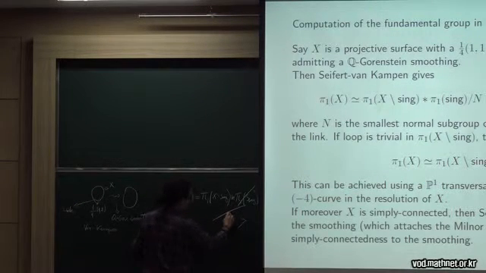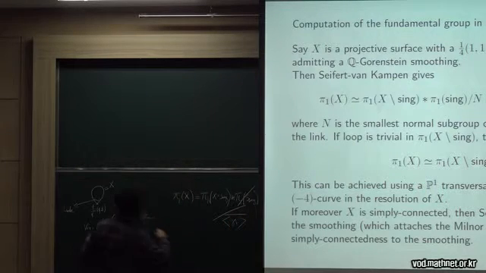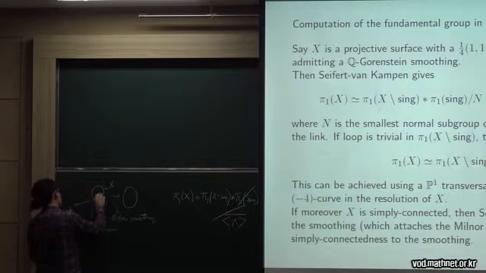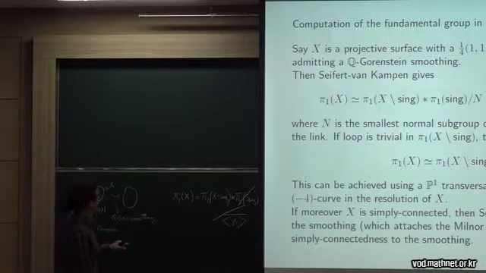You find the smallest normal subgroup in this group that contains the loop. So the idea is the following then: if you can prove that in the complement of this singularity this loop is actually trivial, then we have that the fundamental group of X is the fundamental group of its complement.